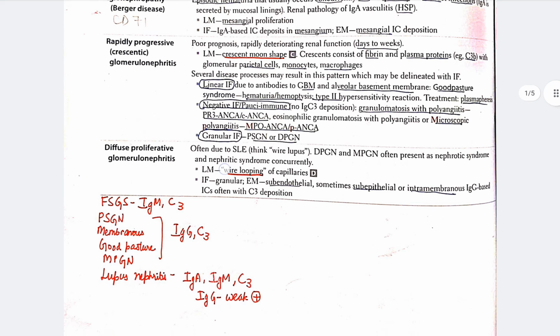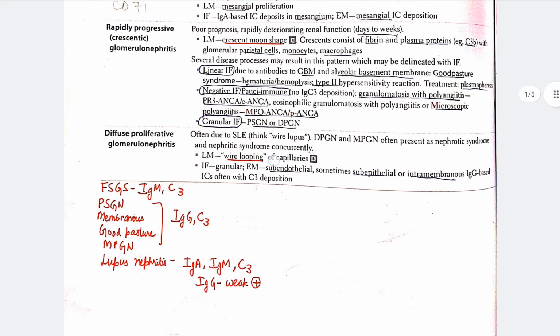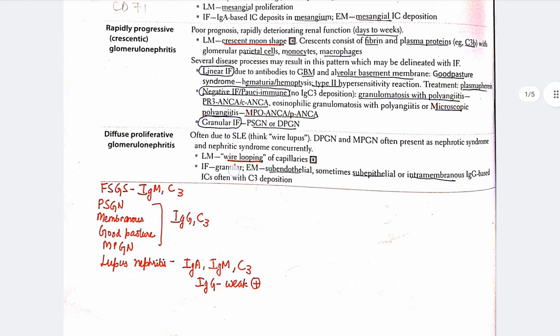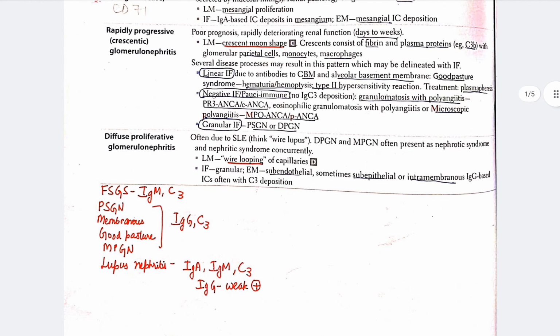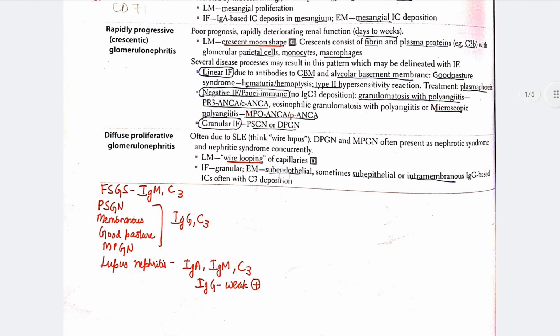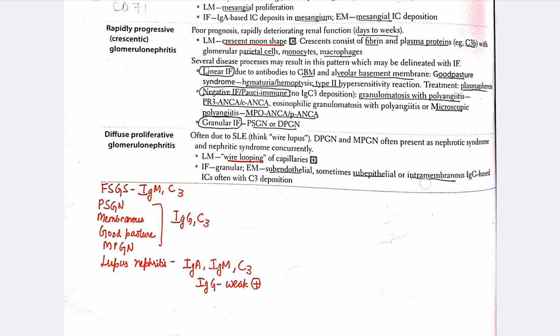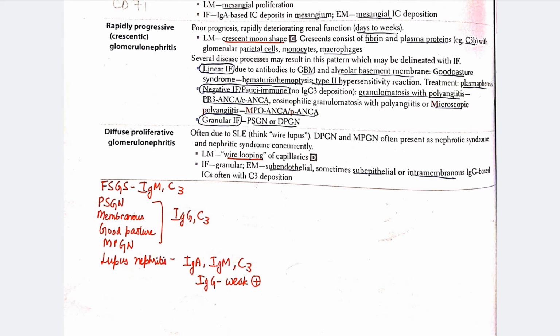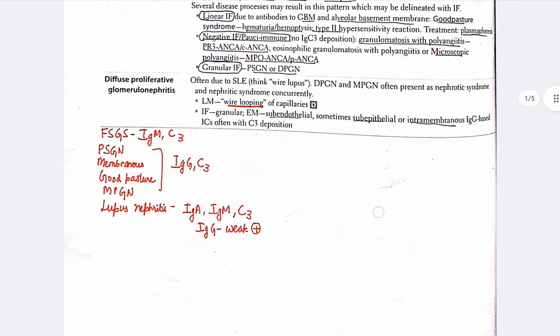On light microscopy we will see wire looping of the capillaries. On immunofluorescence, granular deposits will be there, and on electron microscopy, subendothelial, sometimes subepithelial, or intramembranous. Means all three types of deposits can be present in diffuse proliferative.